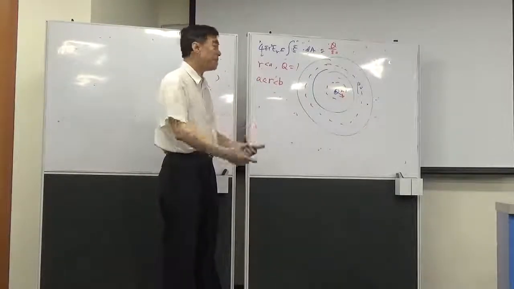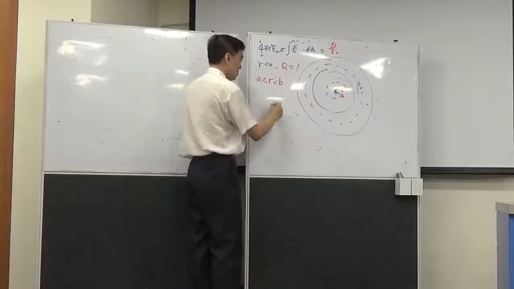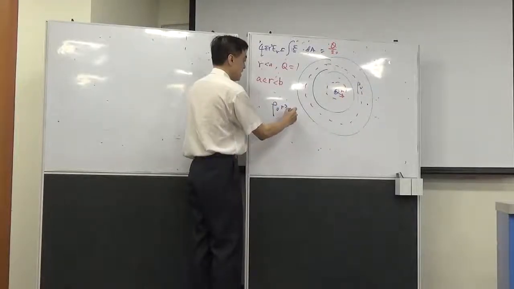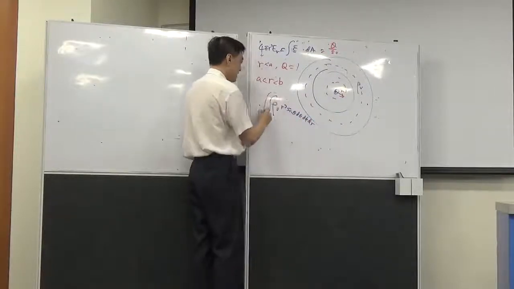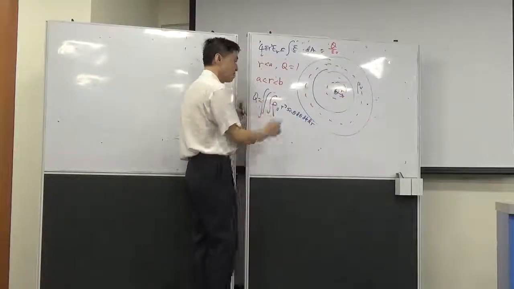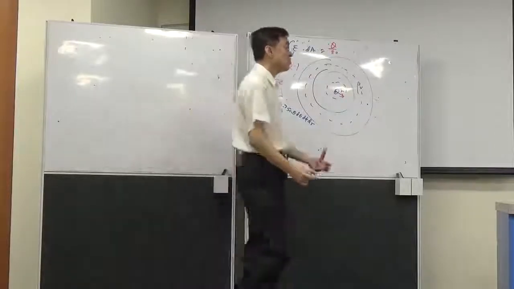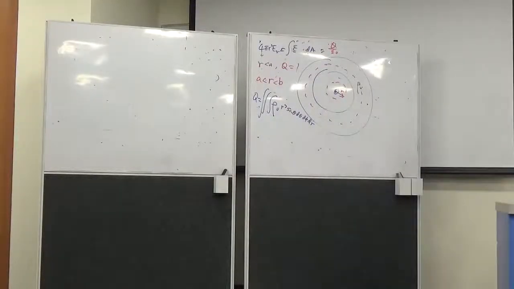Standard, very standard: rho V r squared sine theta d phi dr. And what is rho V? It is 4r.